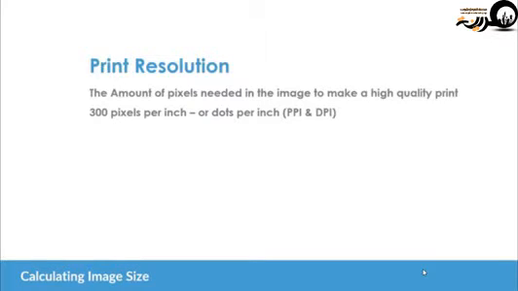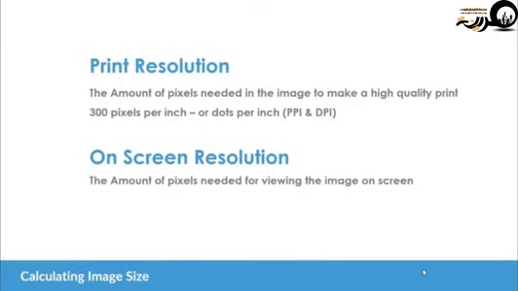There's two different ways as photographers that we experience photography primarily, and that is on screen and printing. So we will print our photographs and we will also view them on screen. So we need to understand that for these two ways of viewing our photographs, there are generally two different types of resolution that we need to use.